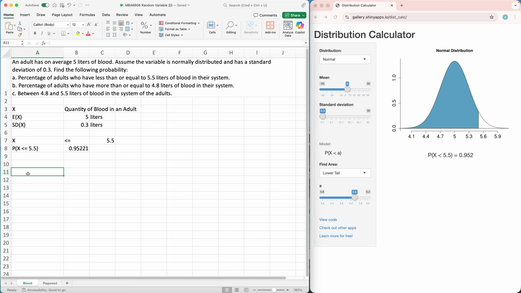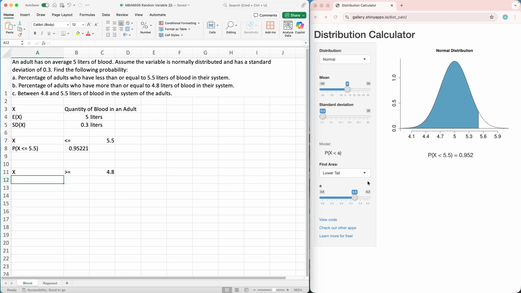Now our variable of interest is x greater than or equal to 4.8. So now the problem is the NORM.DIST function only calculates from the left-hand side up to the value x. So how will we determine it?